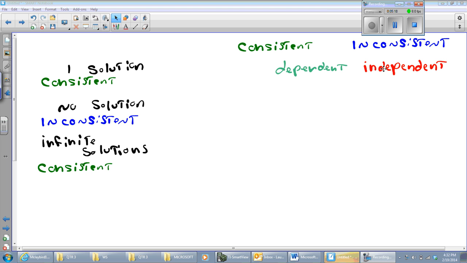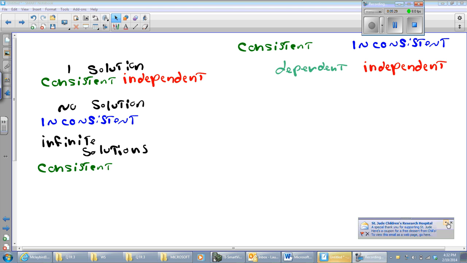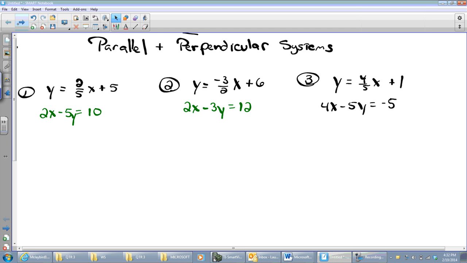Independent means one or to stand alone, and so one solution is a consistent, independent system. Dependent means they need each other, and so that's when we have two lines overlapping. So an infinite number of solutions implies that it's a consistent, dependent system. Let's go back here, and we're going to talk about one more type of system in a minute.